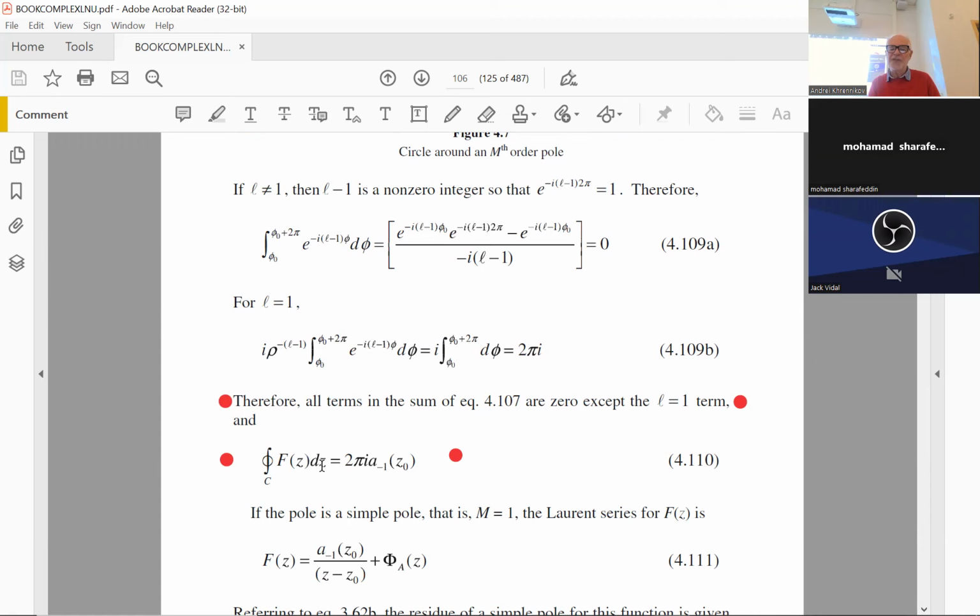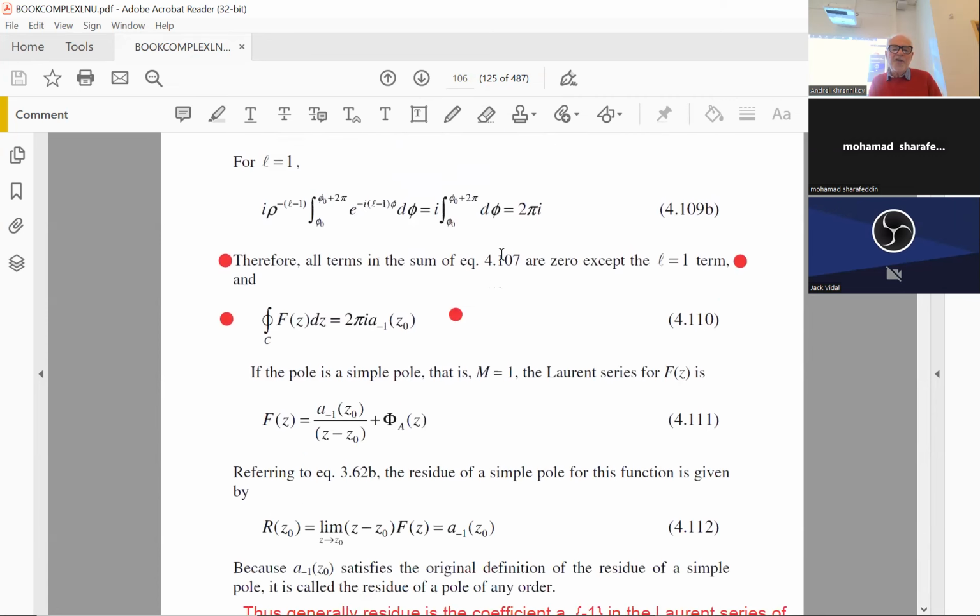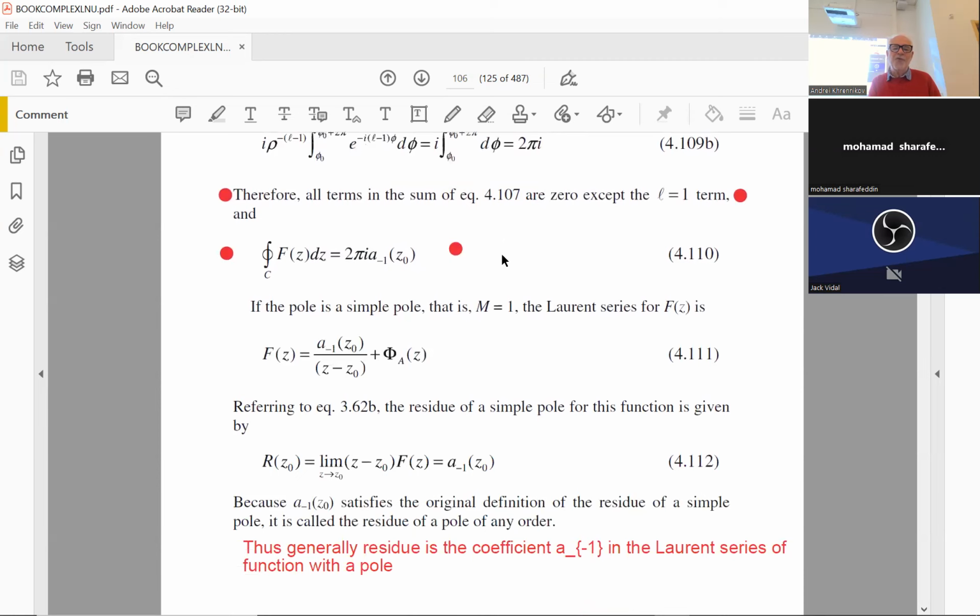The integral of f(z) dz is equal to 2 pi i times this coefficient, which is in our series. This coefficient gives us this integral. Before, when the pole was simple, or a pole of degree 1, this coefficient was equal to the residue, and the residue was defined in this way. Now we define the residue for any pole just as this coefficient.